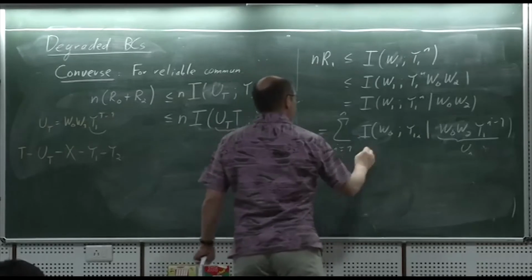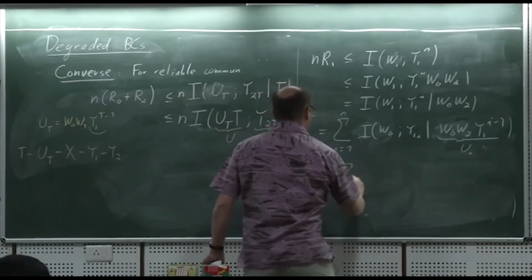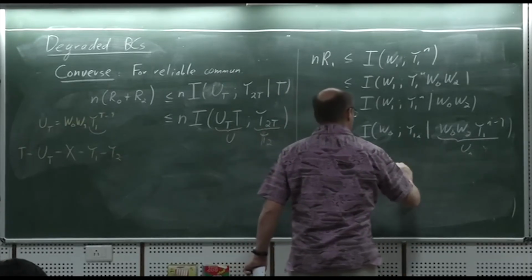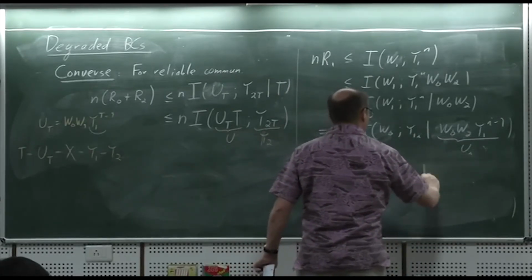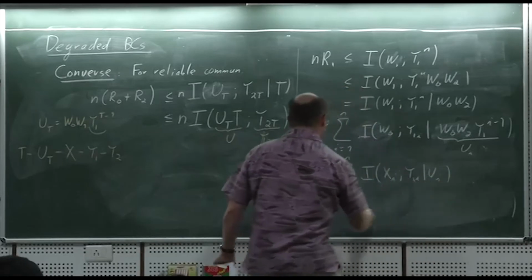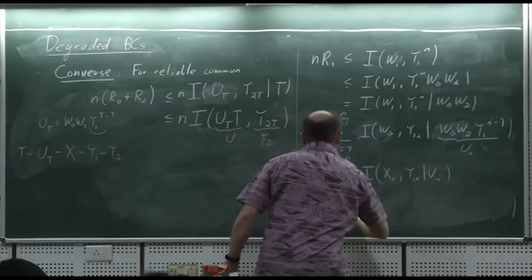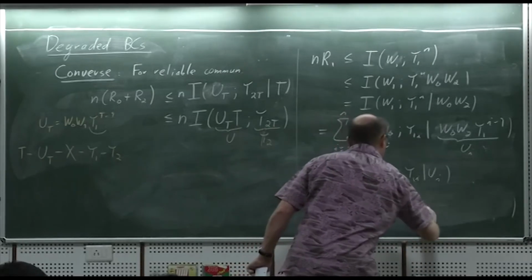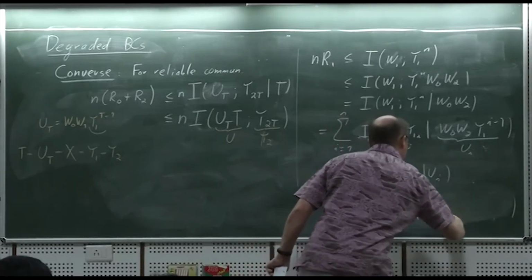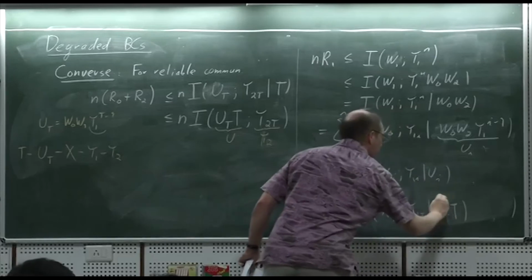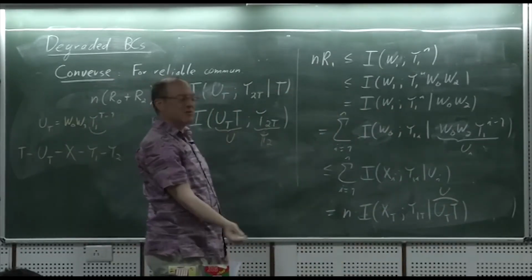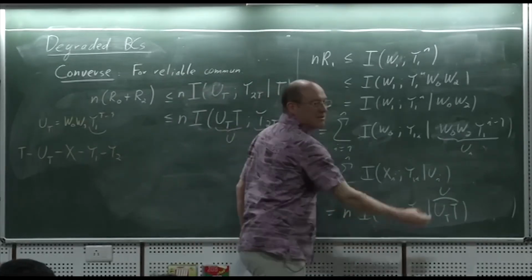And this thing here is less than or equal to I of xi, y1i given ui. Okay, and it's the same one, and so this here is equal to n times I of xt, y1t given ut, t. So here's my u, right? Ut, t is my u, and I'm done by just renaming this x and renaming this y1.